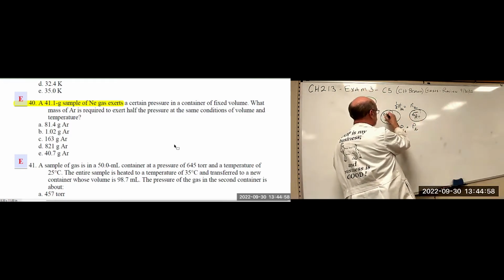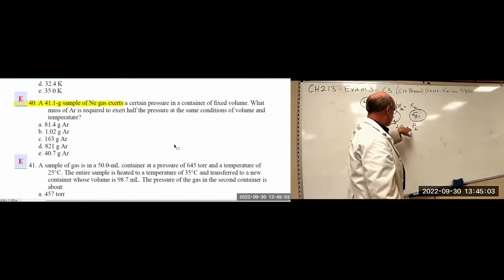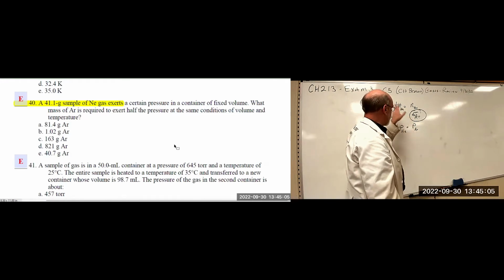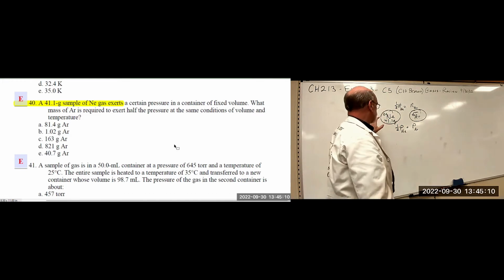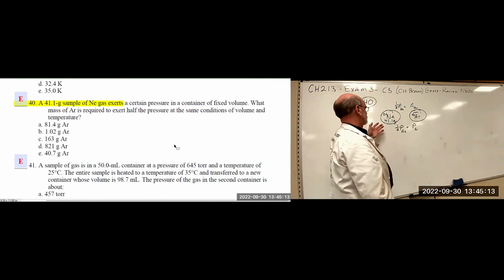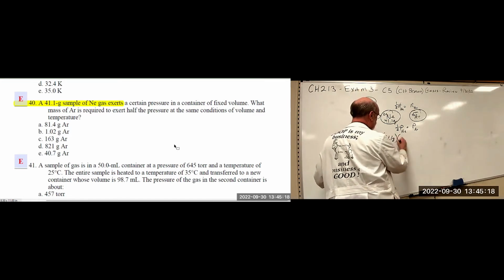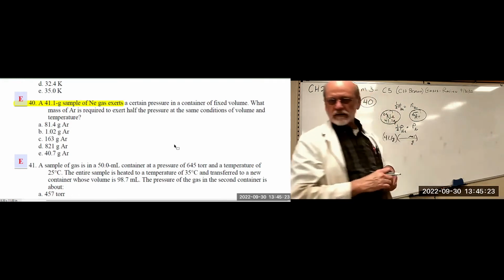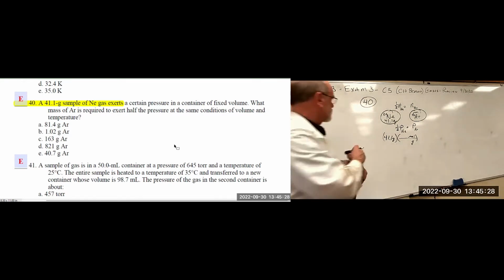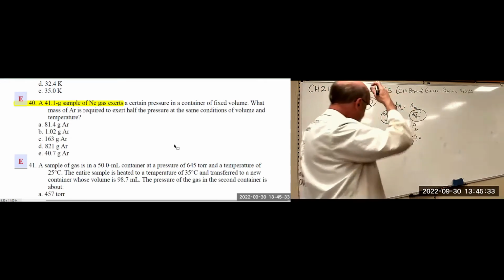This is about 20. Let's just say we do have 41.1 grams. In fact, we can use the exact value for neon, which is 20.2 grams per mole. So how many moles is that?